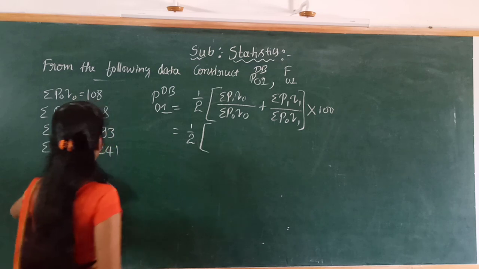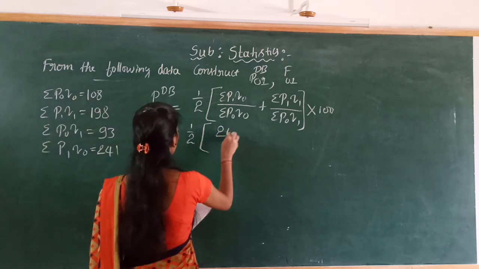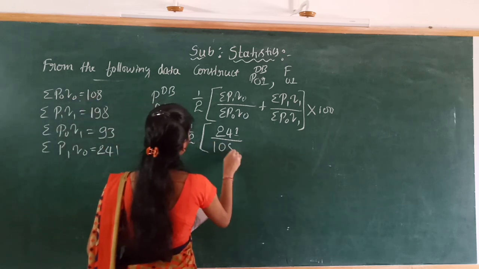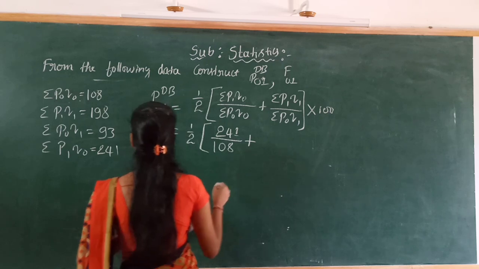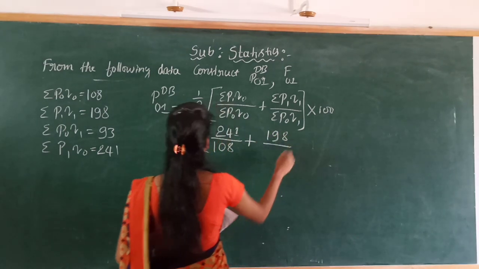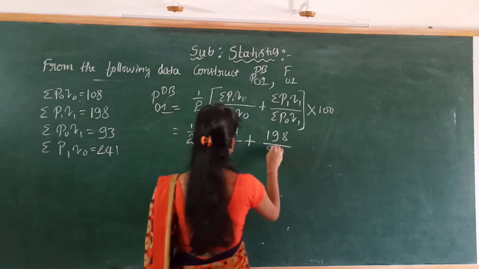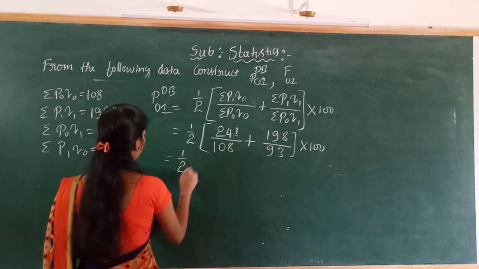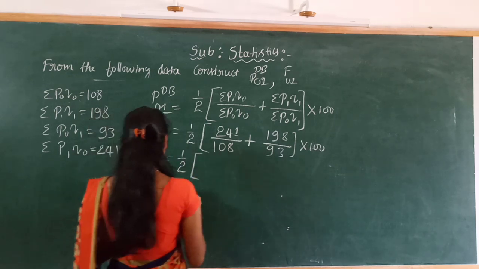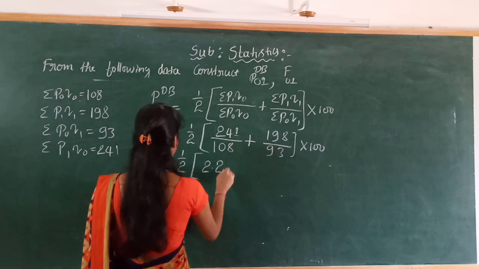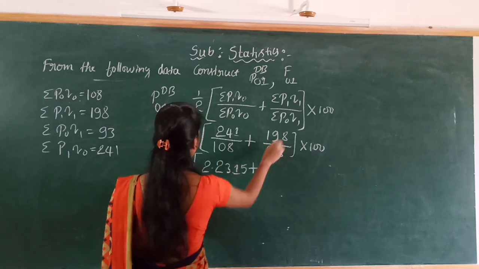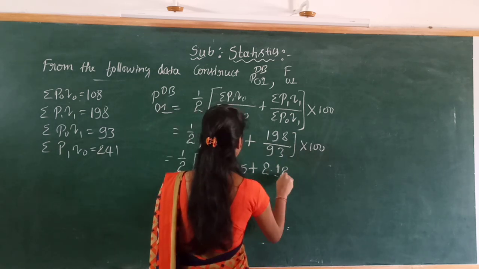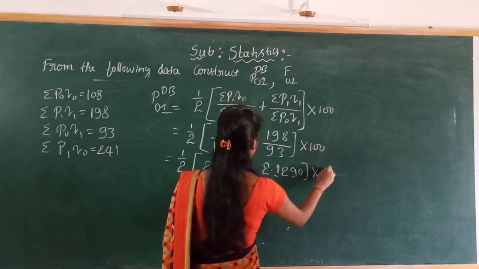Here the summation P1 Q0 value is 241, divided by summation P0 Q0, that is 108, plus summation P1 Q1, 198, divided by summation P0 Q1, that is 93, into 100. So next step is 1 divided by 2 into 241 divided by 108, that is 2.2315, plus 198 divided by 93, that is 2.1290, into 100.